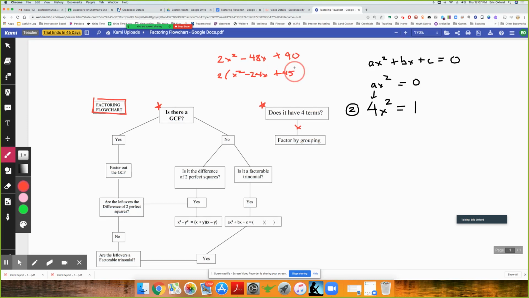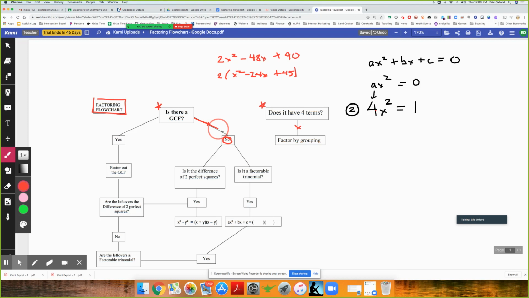So in that situation, the 2 was the GCF. So for this one, I guess it would be 4 then. Yeah. But notice over here there's only one term. So since there's only one term here, we're going to say it's a no. There's no GCF.